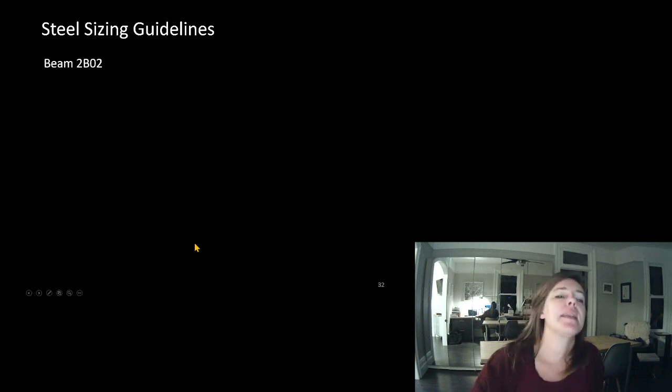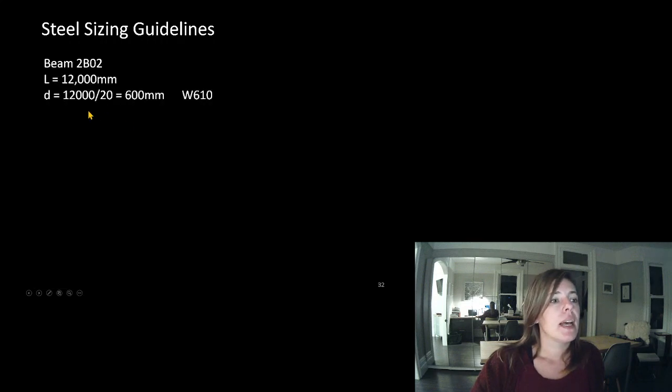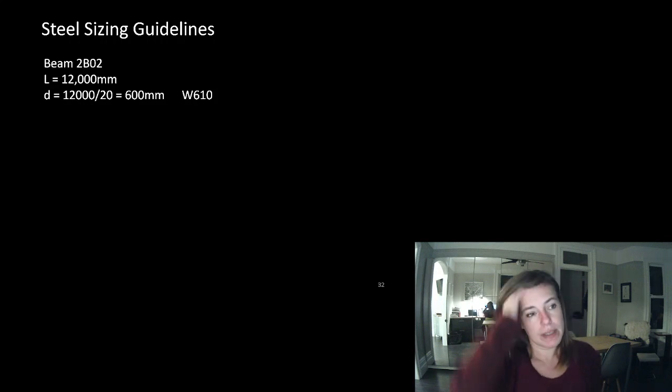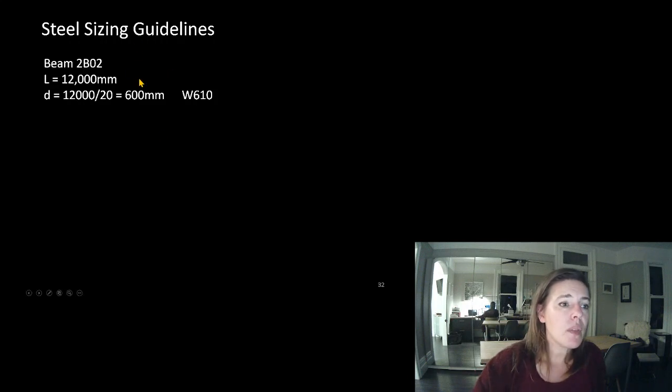All right, let's look at the beam. So beam 2B02 was spanning 12 meters. Our sizing guideline for a beam, now remember, a beam is the thing that is usually picking up joists or purlins. Well, we had two different 2B02s. One was picking up joists and one was picking up purlins. We get that it needs to be at least 600 millimeters deep, so we would always go up from that.